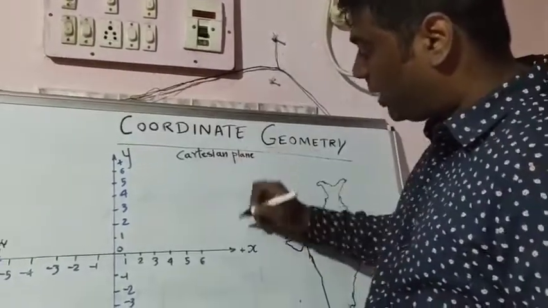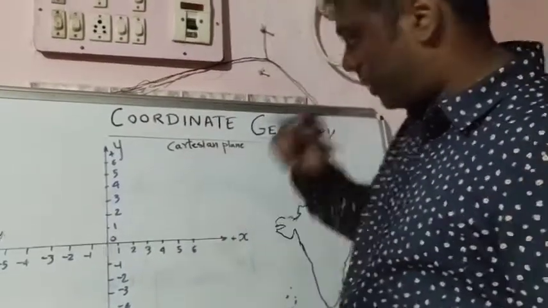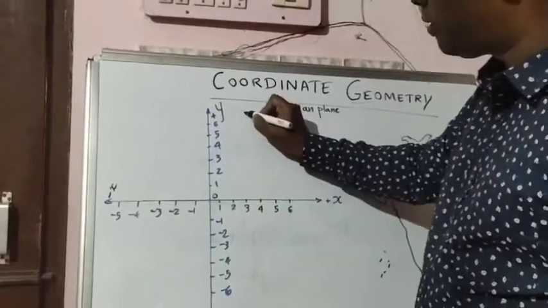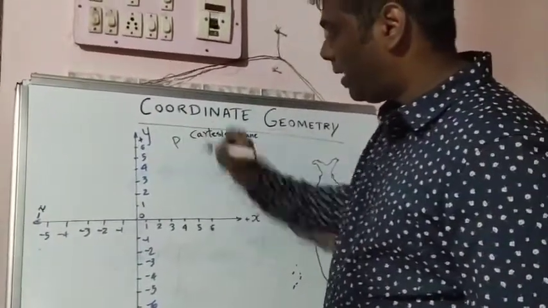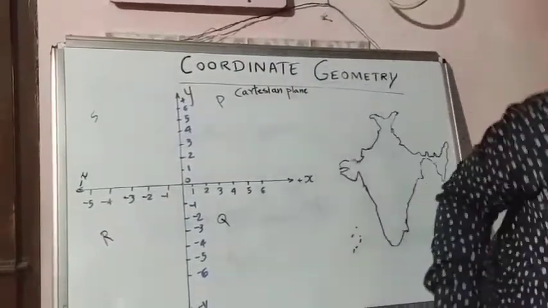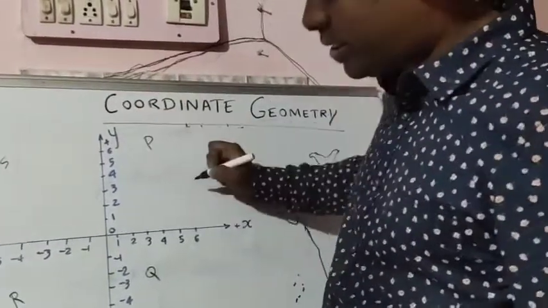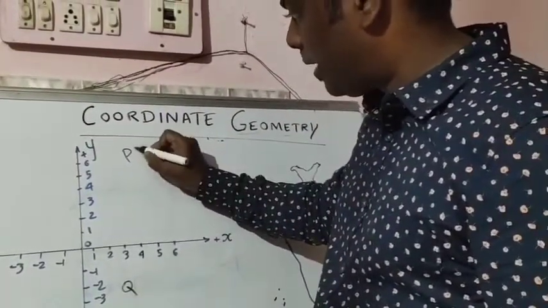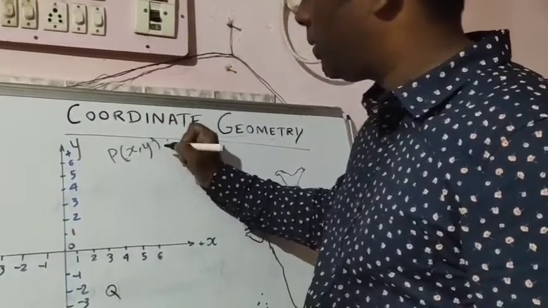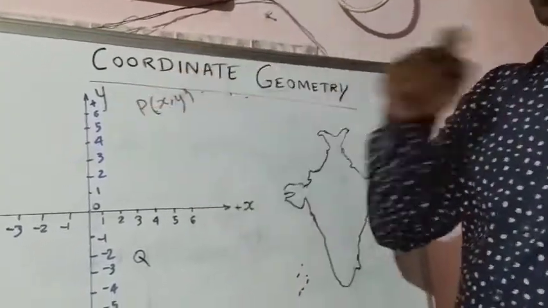Each quadrant can be defined by the polarity of the x and y axes. Here I mark the four quadrants as P, Q, R, S. In this quadrant we define a point as P of x comma y, in the order of horizontal to vertical.